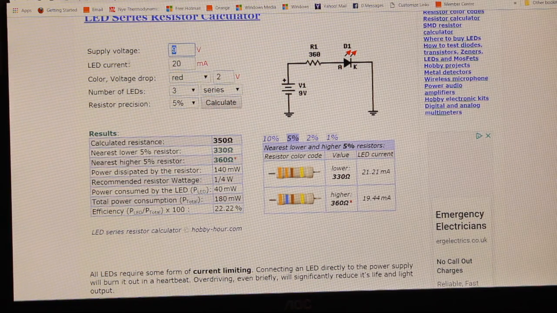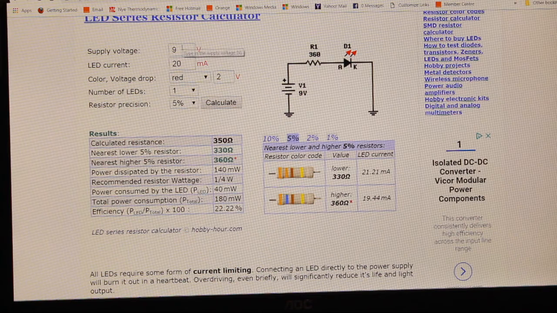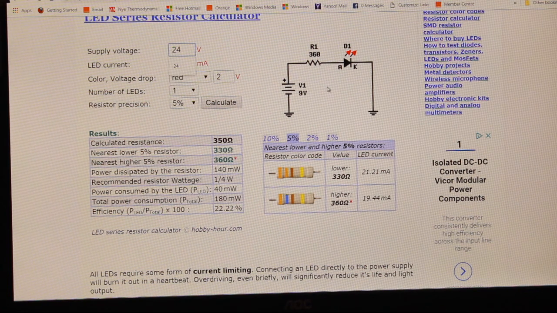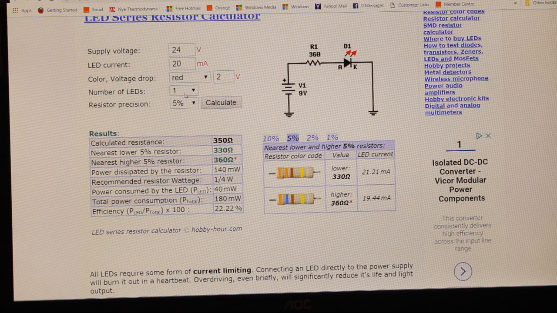Let's be outrageous. We're going to pretend we have a 24 volt supply. Yeah, that's not unreasonable.